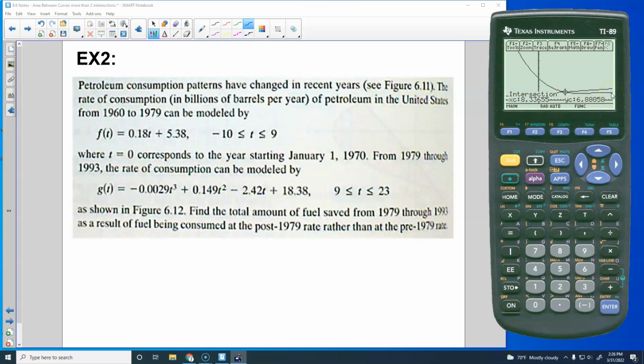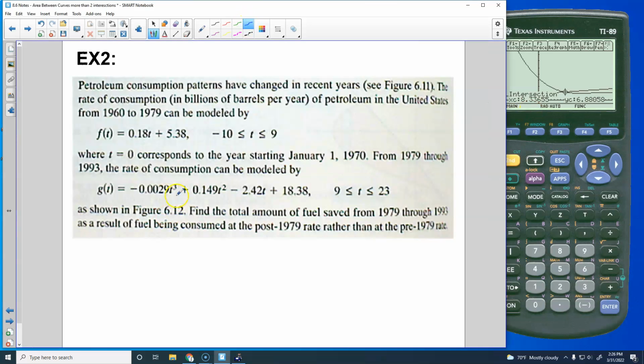Since we have our functions in y equals, we put this one in y1 and this one in y2. So we can just integrate from 9 to 23. The top function is the line there, I think.